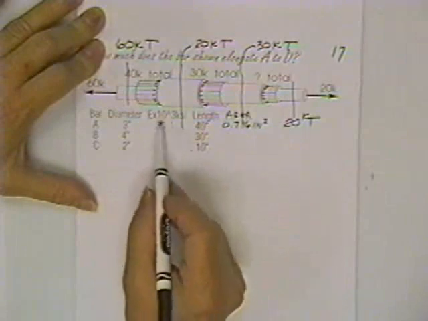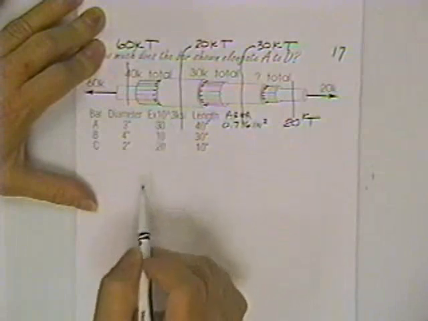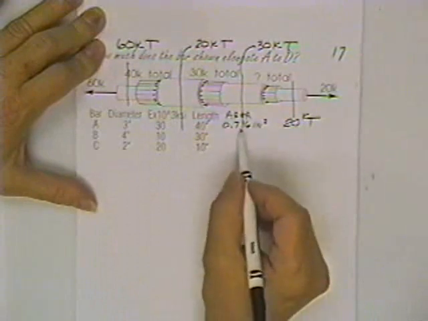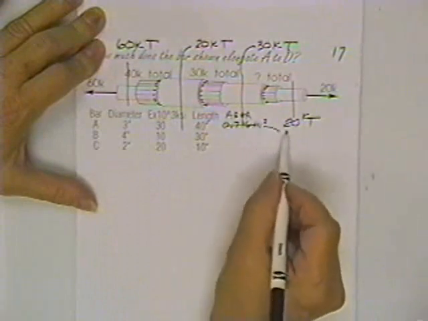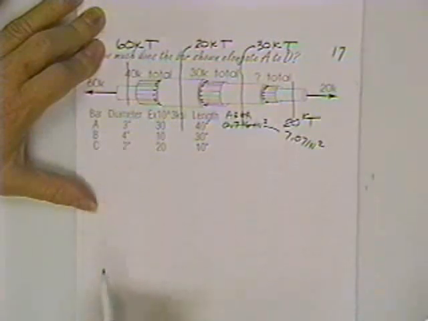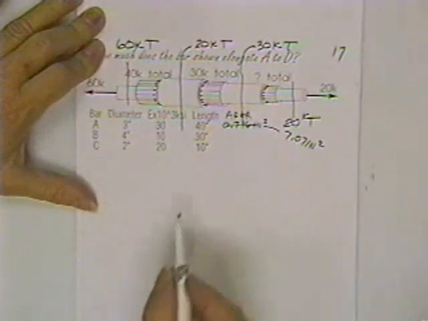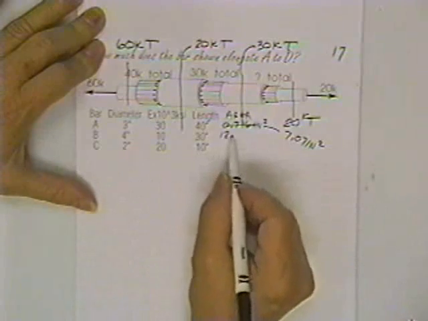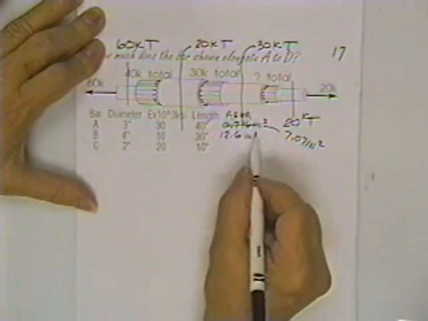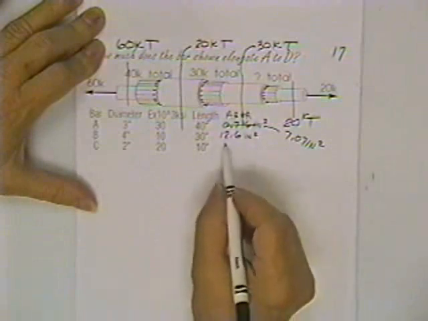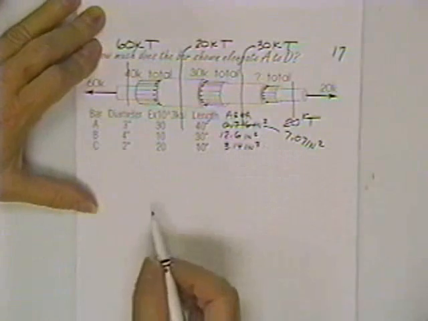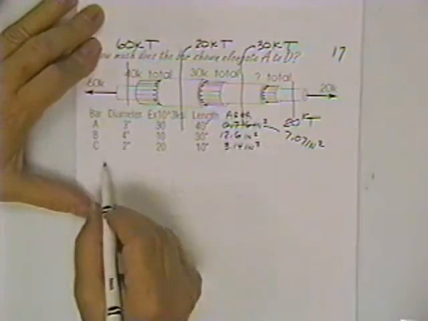I was thinking if he doesn't tell us E, he doesn't tell us what the value is. 7.07, 7.07 square inches. Alright. What do you get from our 4-inch diameter rod? 12.6. And for a 2-inch diameter rod? 3.14. Okay. So now then we're set to find anything else we want.